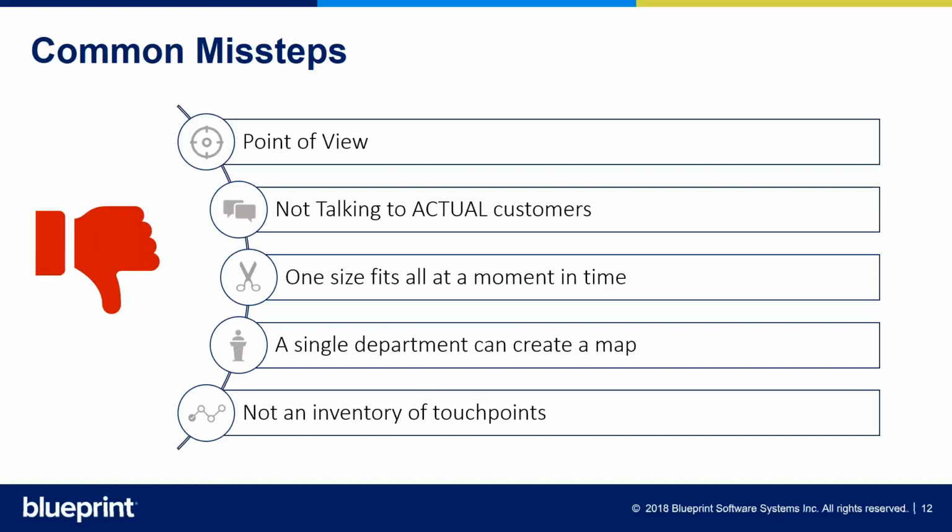The second misstep we see is that folks aren't actually talking to actual customers when creating customer journey maps. You need to talk to customers to get their perspective versus just thinking you know what they experience, and you want to create personas based on the conversations with real people and real data, and not based on internal exercises and things like demographics.